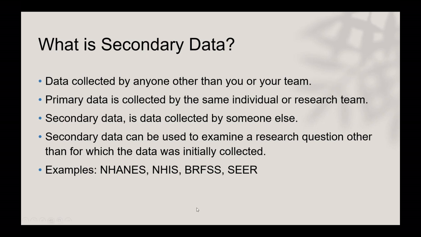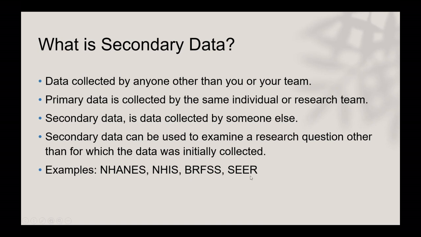Some examples of secondary data sets are NHANES, which stands for National Health and Nutrition Examination Survey. There is also NHIS, which is the National Health Interview Survey. Then there is BRFSS, which is the Behavioral Risk Factor Surveillance System.